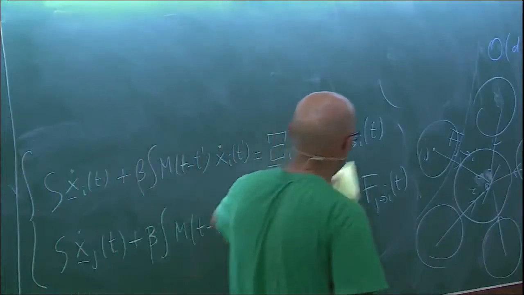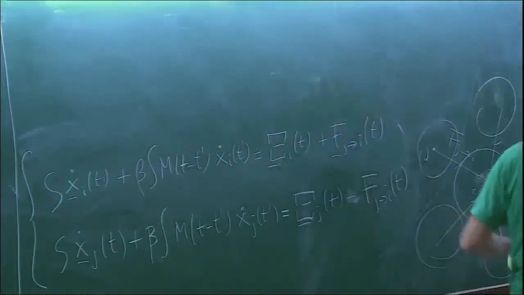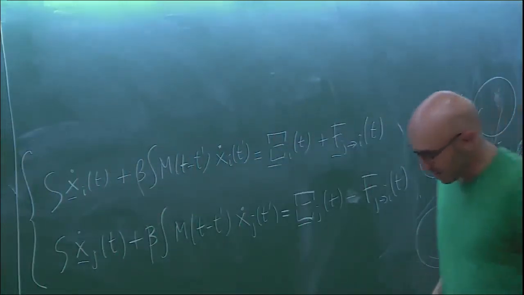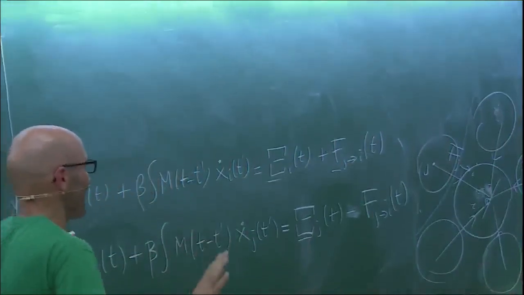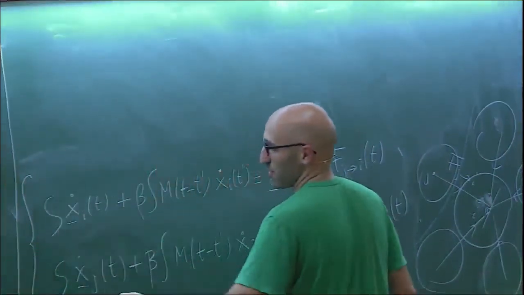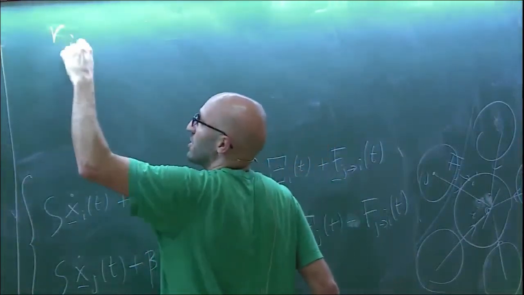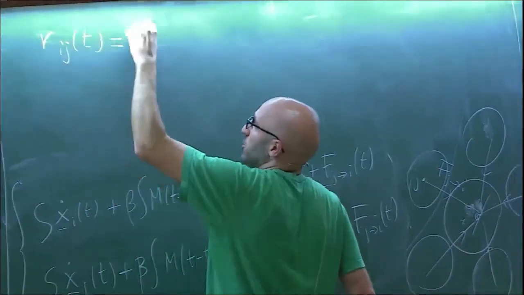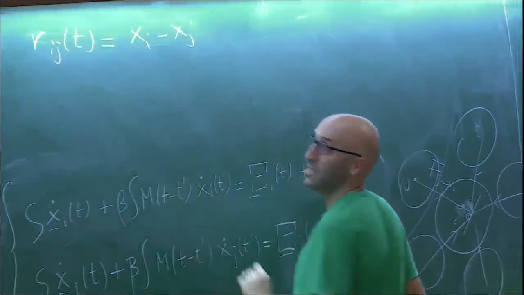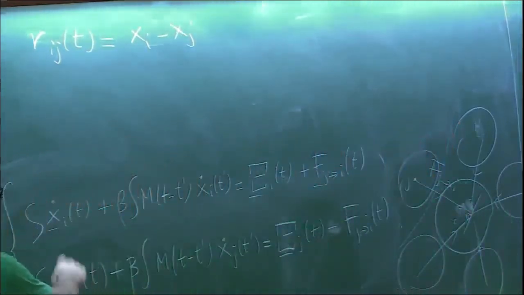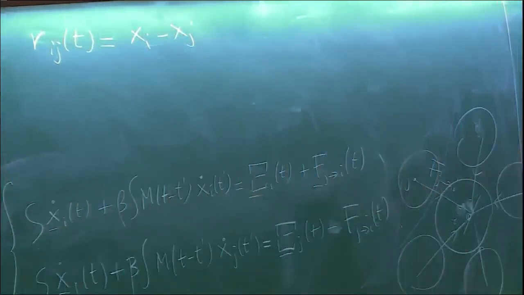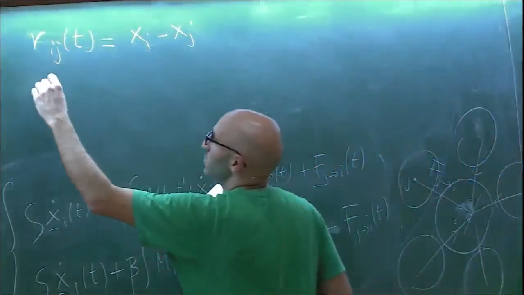Okay, to be convinced of this, you should think a bit about it, and maybe I will try to give a better argument, but for the moment, let's go on. So I take the difference. Now I want to focus on the relative distance, which is xi minus xj, and so I can write an equation. I can take the difference of these two equations, and I will also divide by 2 for later convenience.